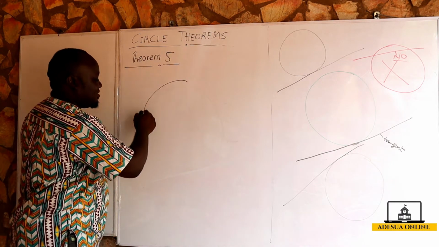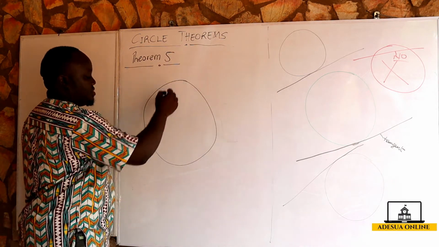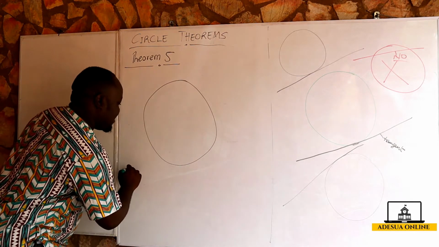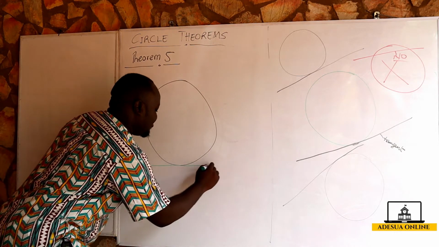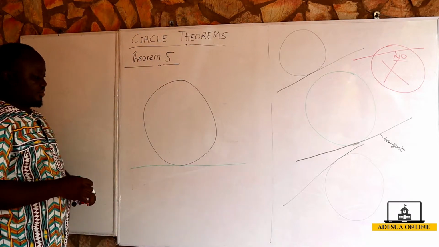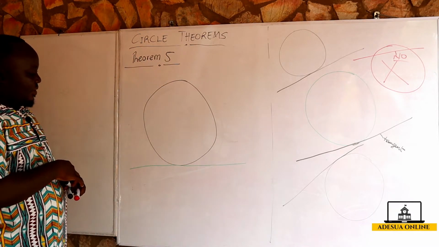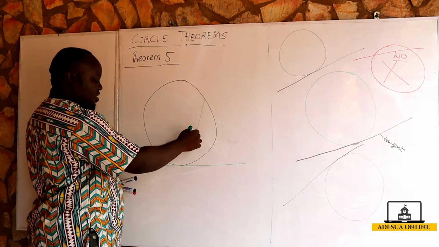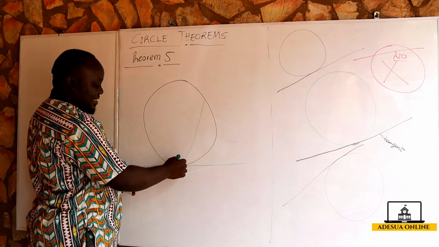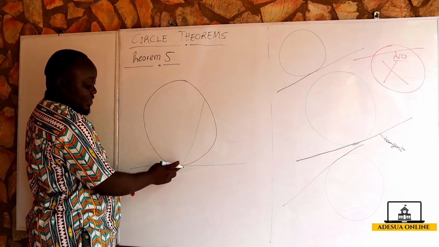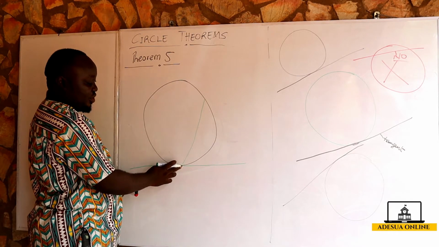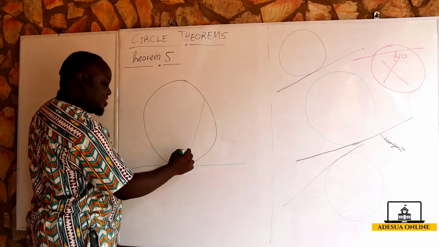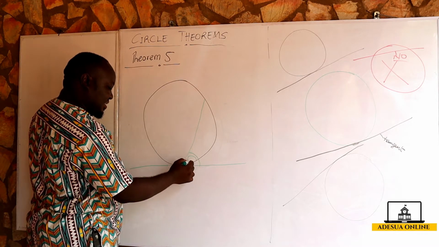If I have a circle and a tangent touching the circumference of the circle, and a chord that also meets the tangent at the same point on the circumference, the angle created here is this angle theta.